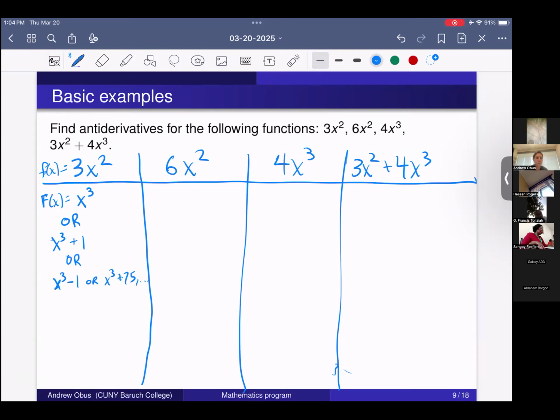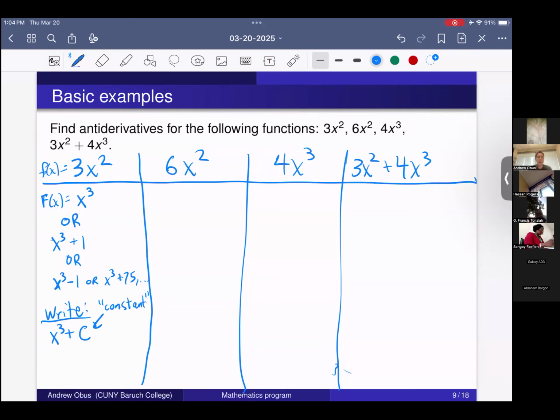You can add or subtract any constant, and it's not going to change the derivative. So in fact, the way that we write this, if we want to look at all of the antiderivatives, we write x to the third plus c, where this c just represents an arbitrary constant.